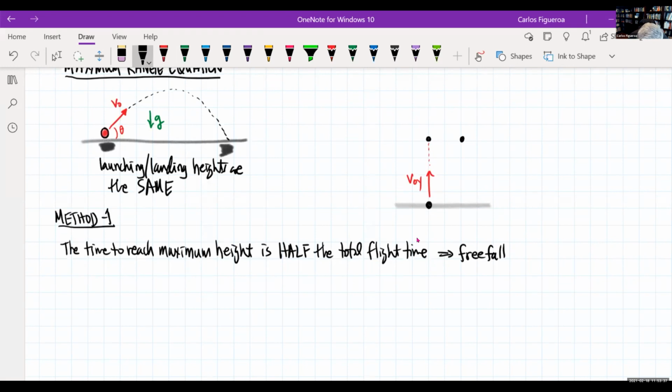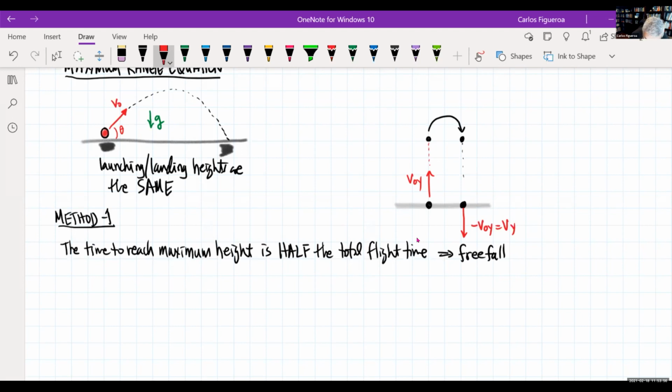And then the ball turns around vertically and comes all the way back down. Right before it hits the ground, it's going to have a velocity that's negative. The final velocity is going to be the negative of the initial velocity.